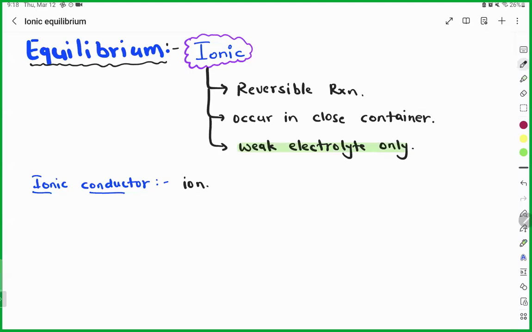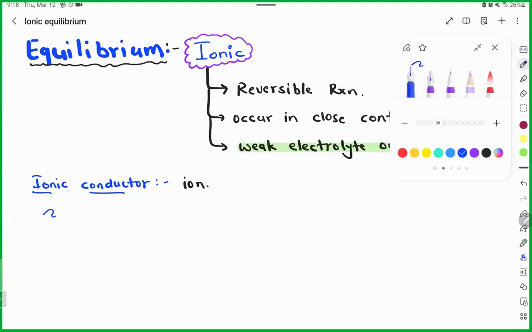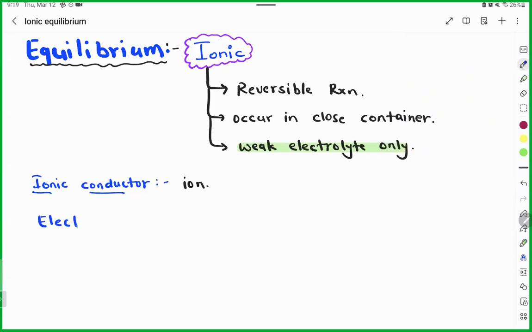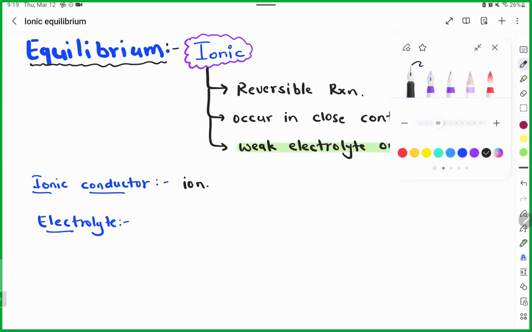Next is the electrolyte. What is an electrolyte? When you pass current through any substance, this passage of current will lead to the breakdown into different ions.